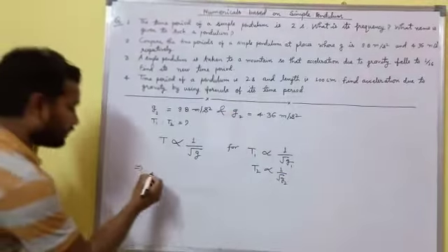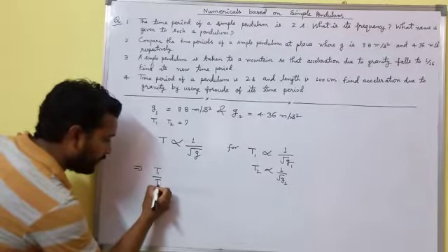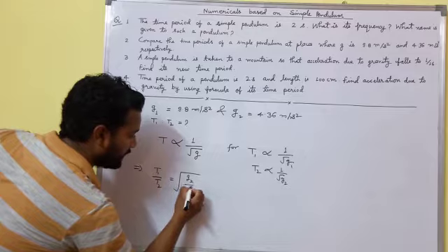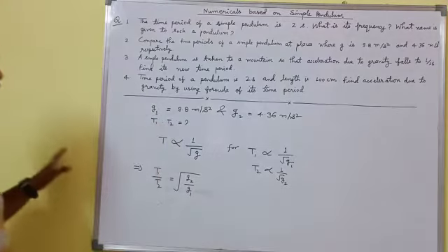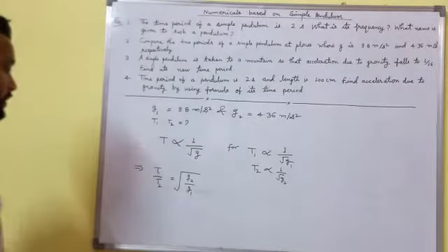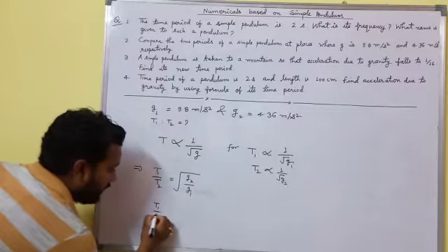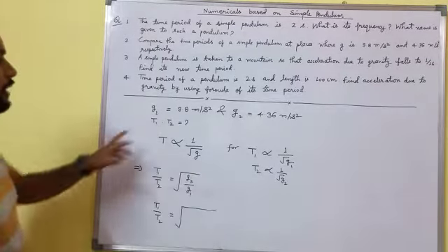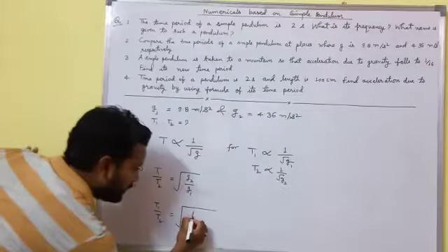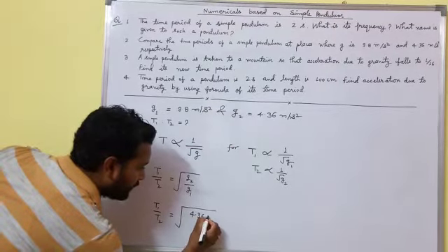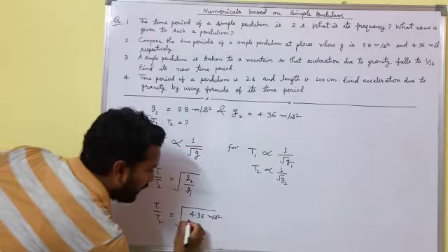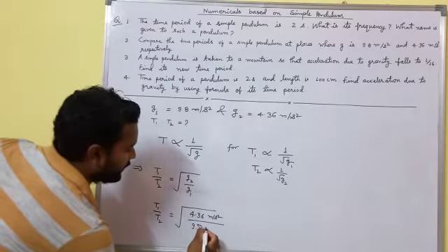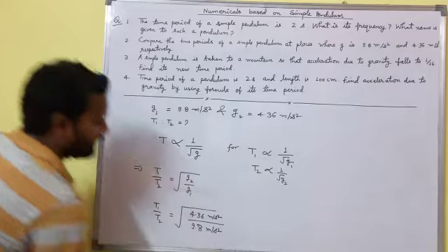Then we have T1 upon T2 equals root of g2 upon g1. Put the values of g1 and g2. So T1 upon T2 equals root of 4.36 meter per second square upon 9.8 meter per second square.